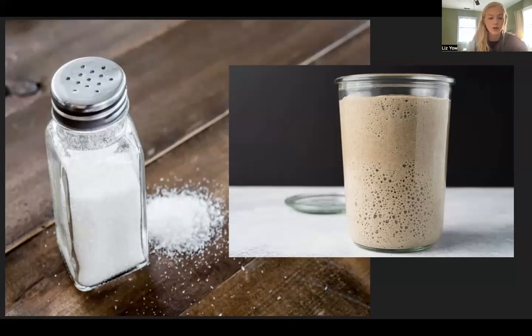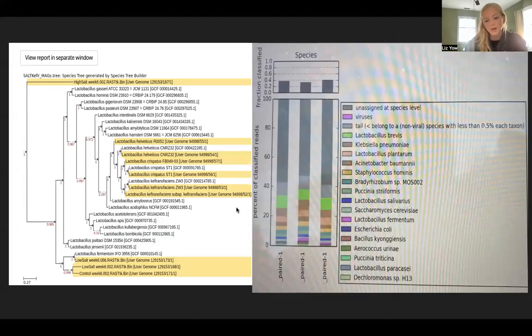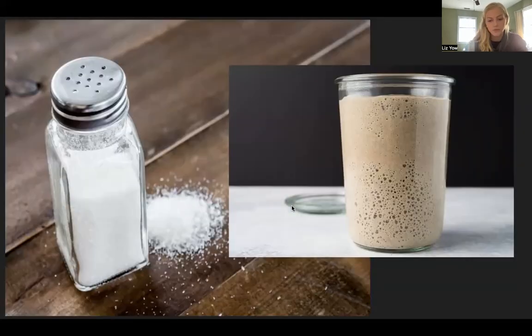So the most surprising result in this experiment was when the MAG species tree and the Kaiju did not line up in the control starter right here, because there's no presence of the fermentum. And we could follow up on this by retrying the control starter under the same conditions, determining if we could get the same result.